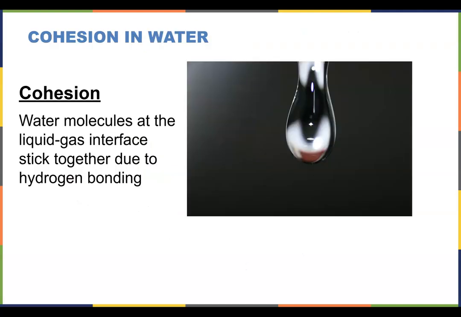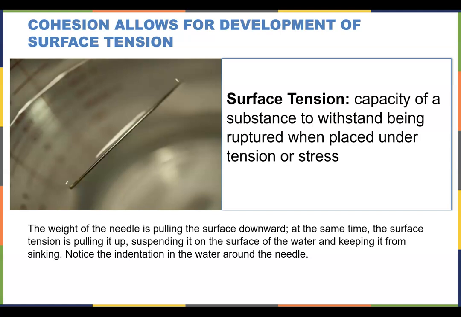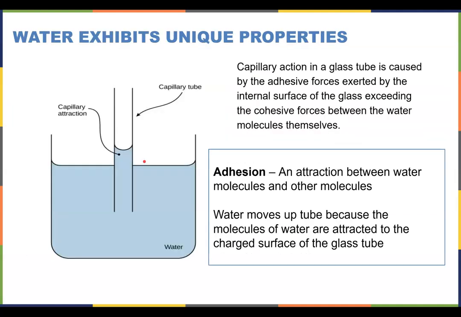Other important properties: cohesion. Water can stick together, and that's due to hydrogen bonding. Cohesion also allows for surface tension, the capacity of a substance to withstand being ruptured. Like this needle floating on top of water here, that's due to cohesion.